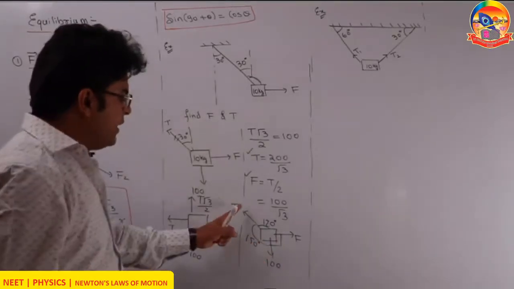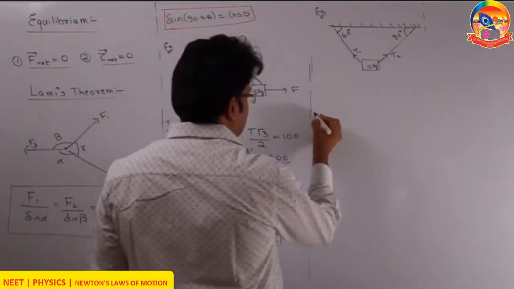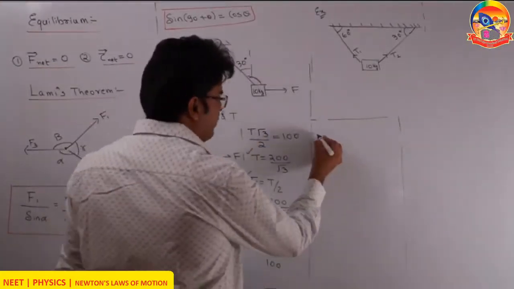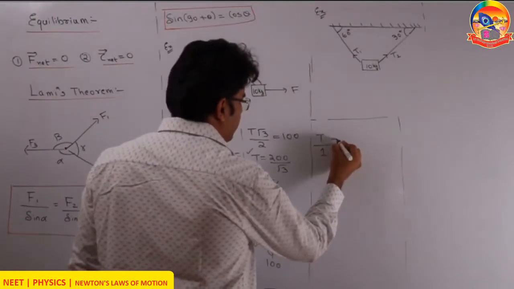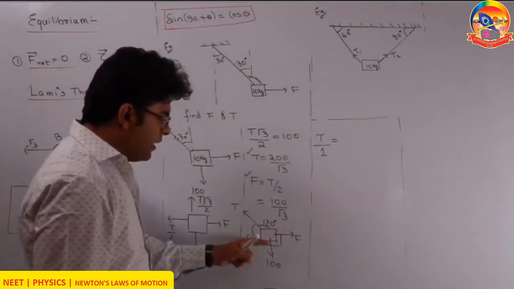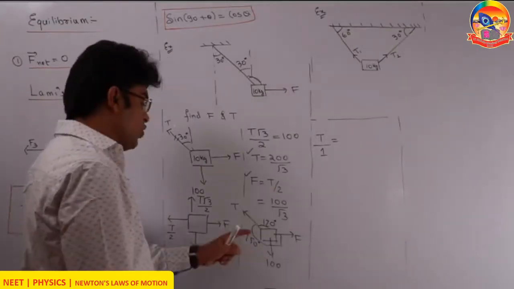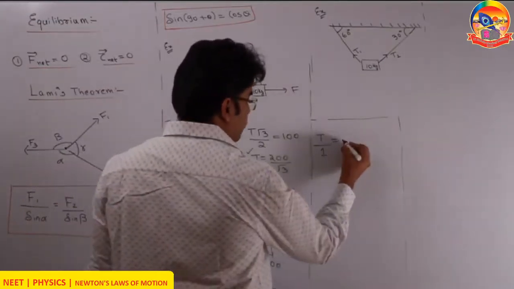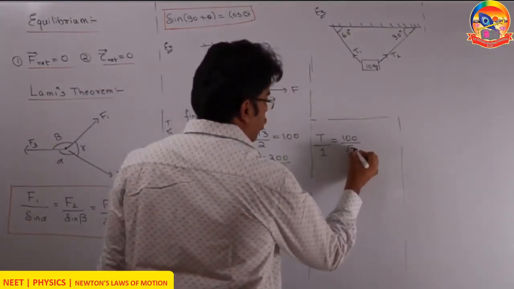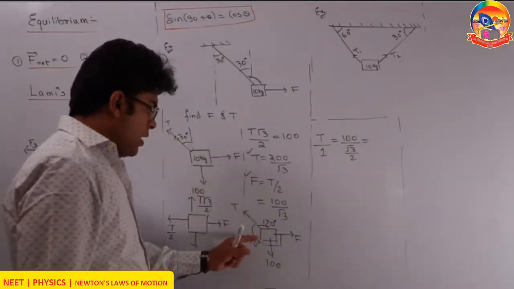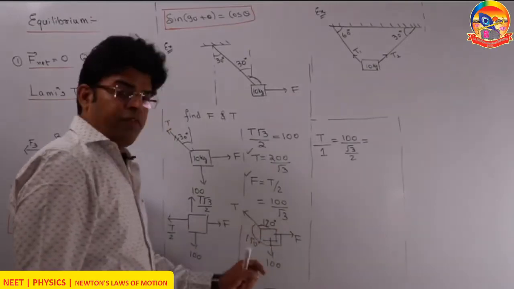Now you can write T by sin 90, that is 1, equals 100 by sin 120. And sin 120 can be written as cos 30, and cos 30 is root 3 by 2. So 100 by root 3 by 2 equals F by sin 150.